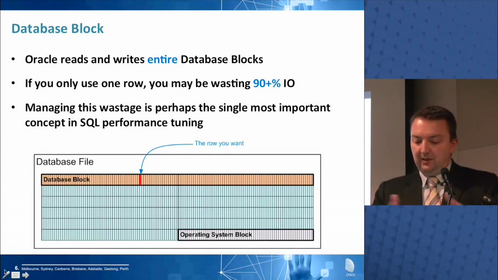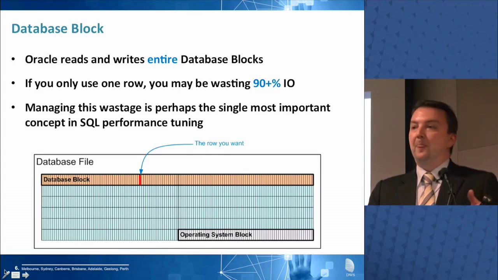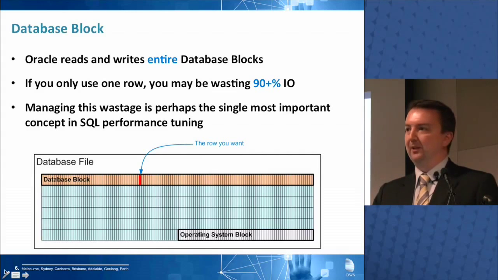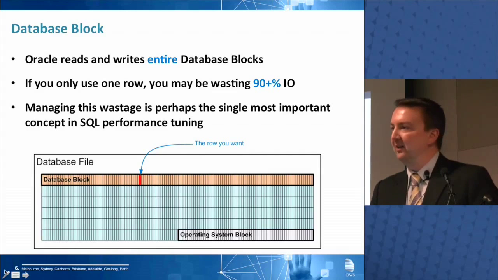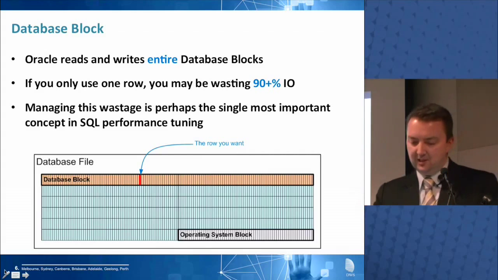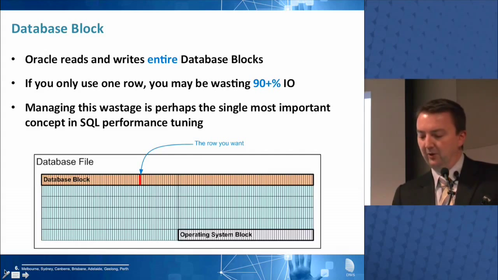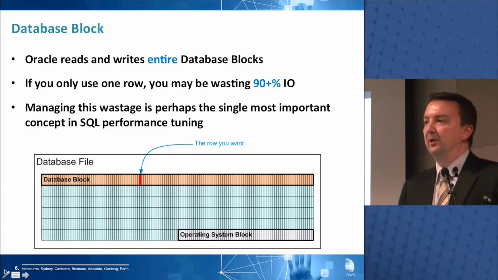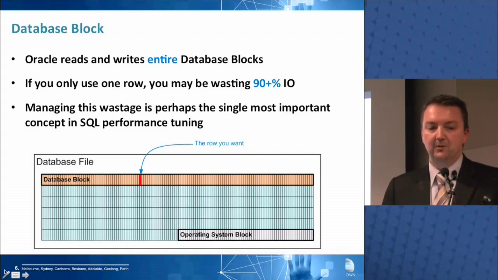Within that piece of disk, that's broken up into operating system blocks. So we understand that disks are broken up into blocks. A block might be half a K or something like that. You're familiar with that concept? So disks are made up of blocks.